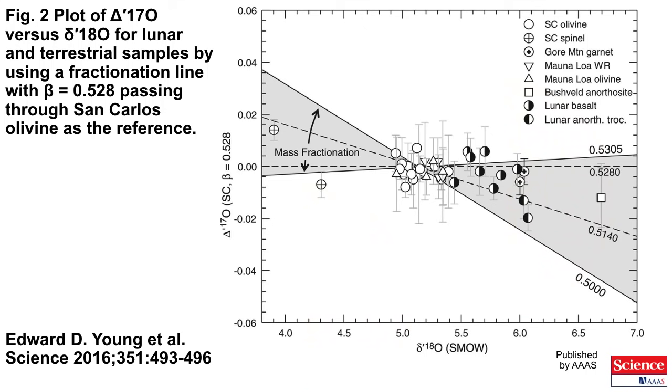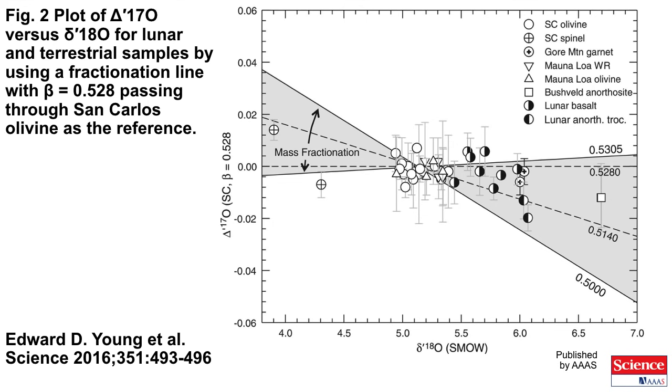This is a plot of, over here on the vertical axis, one of the oxygen 17 ratios. And then down here on the bottom is oxygen 18. So different ratios. The one on the bottom is compared to SMOW.